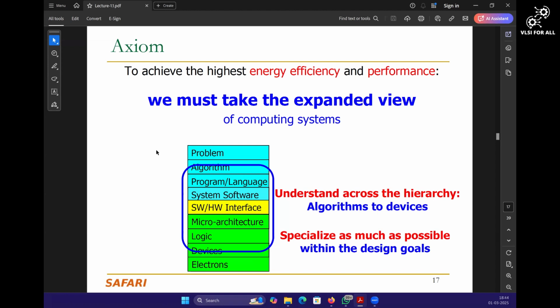How this program is being converted into your circuit, you need to have a specific approach to design that system. To design a simple temperature monitoring system, you may take a different approach, but to design a server system, an entirely different approach. That's why you have this concept called the transformation hierarchy.